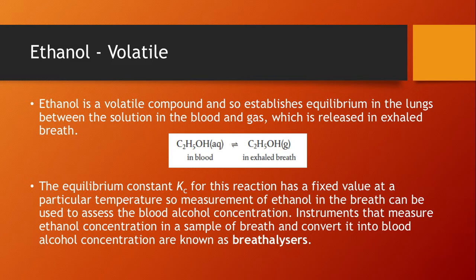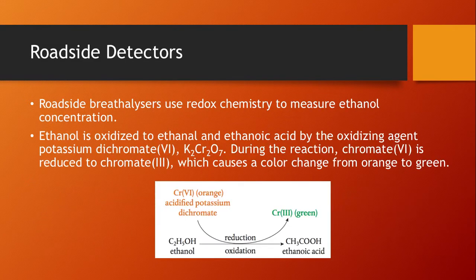Instruments that measure ethanol concentration in a sample of breath and convert it into blood alcohol concentration are known as breathalyzers. So this is what we're going to get into. We're going to look at how breathalyzers work. Roadside breathalyzers use redox chemistry to measure the ethanol concentration.